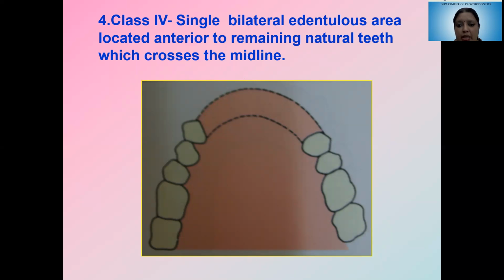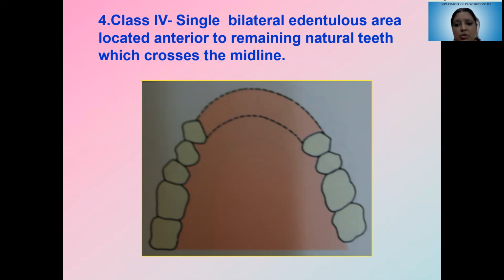You just have to be very careful. If a patient comes with both central incisors missing, or 1 and 2 are missing, it becomes Kennedy's class 4. When just 1 central incisor is missing, please remember, it will come under Kennedy's class 3 because it is a single edentulous area.